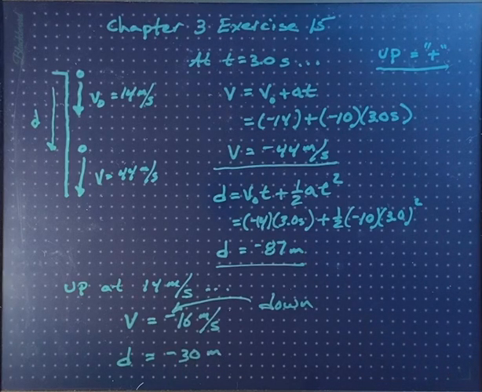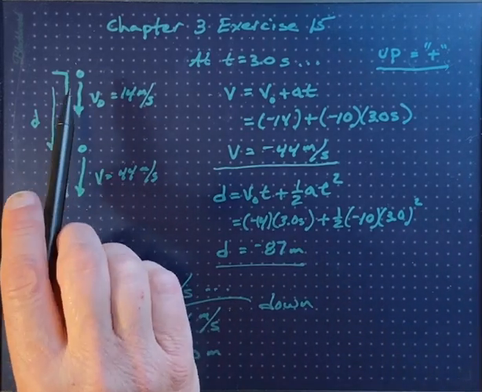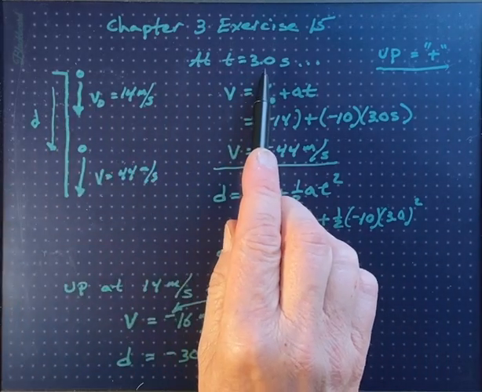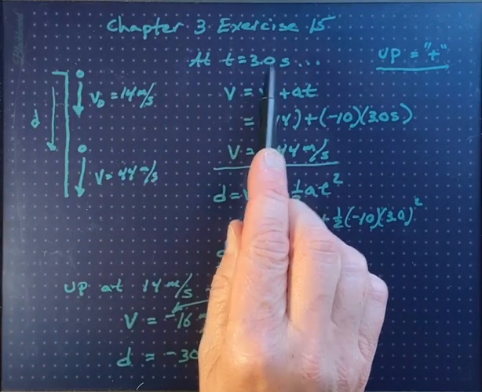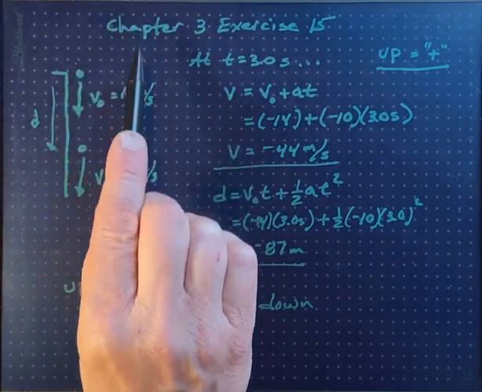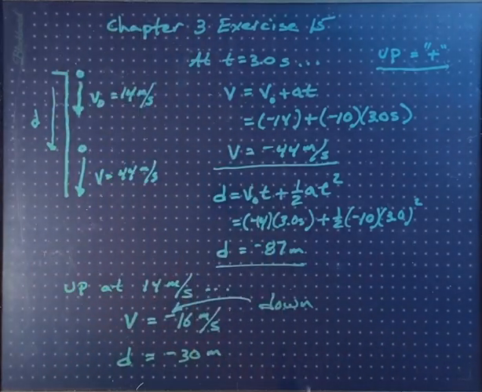In this particular case, we see that if you threw the ball up at 14 meters per second and ask what the ball is doing 3 seconds later, we find that in fact it went up, reached its maximum, and then came back down. So it's below where it started and it's moving downward.